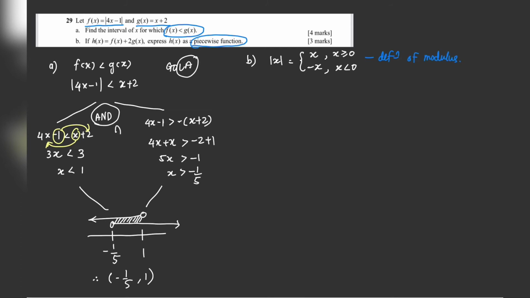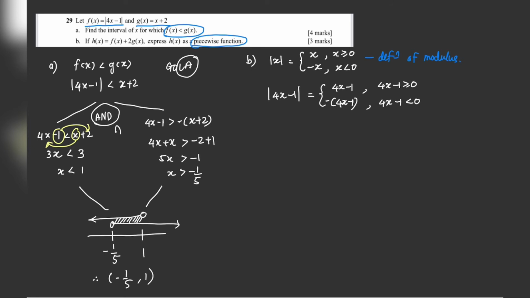Okay, now kita back to |4x - 1|. Okay, using the same concept, it will be a positive function if our 4x - 1 itu more than equals to 0, and it will be the negative of the function if 4x - 1 itu less than 0.